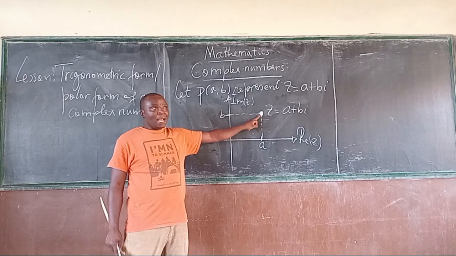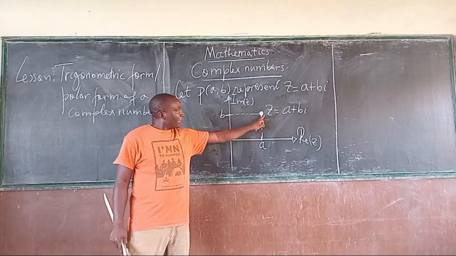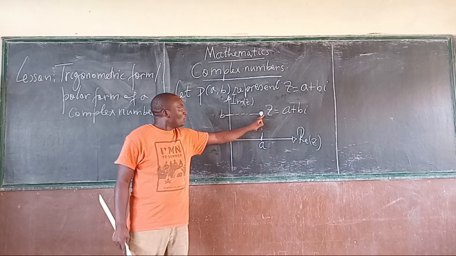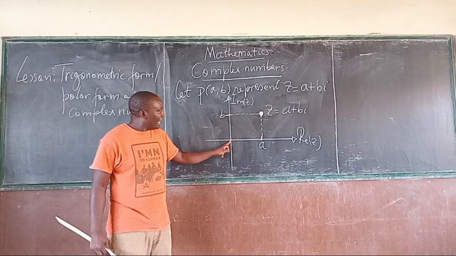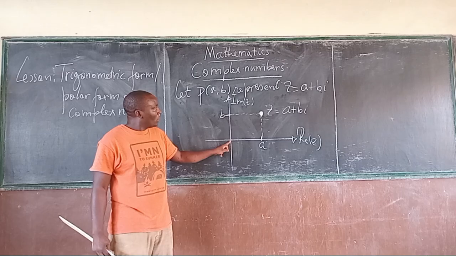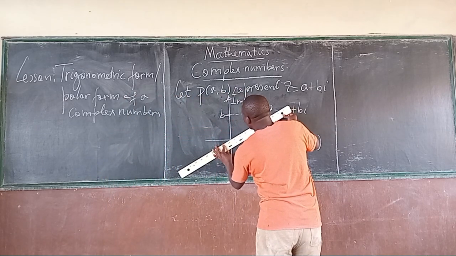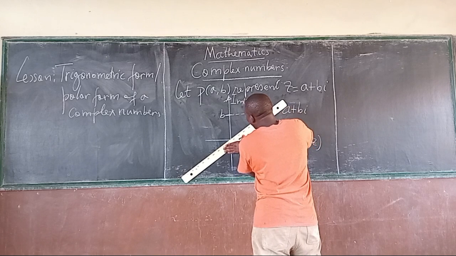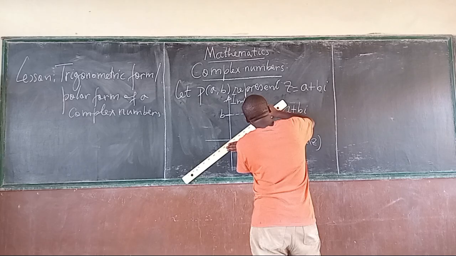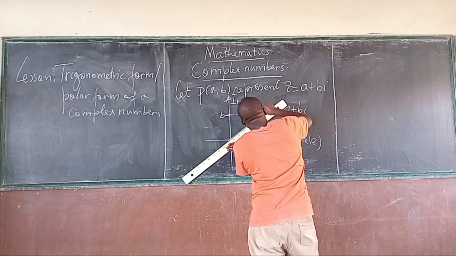To get the modulus of this complex number, I take this point that represents my complex number and relate it with the origin of my Argand plane or Argand diagram, like this.